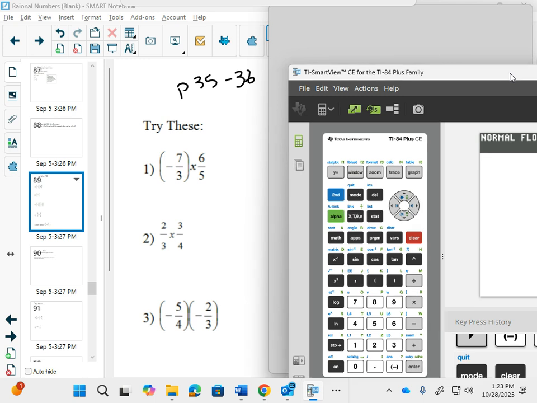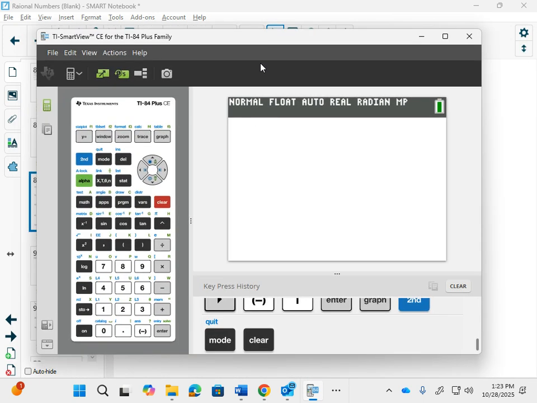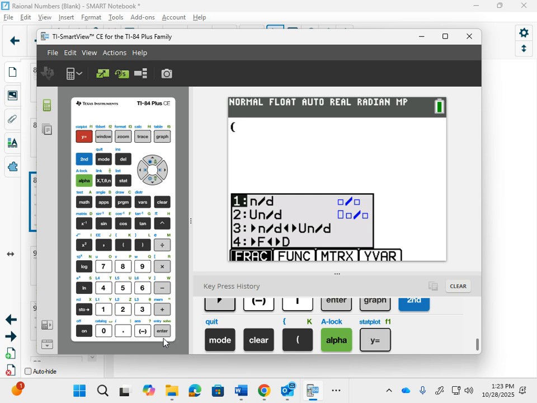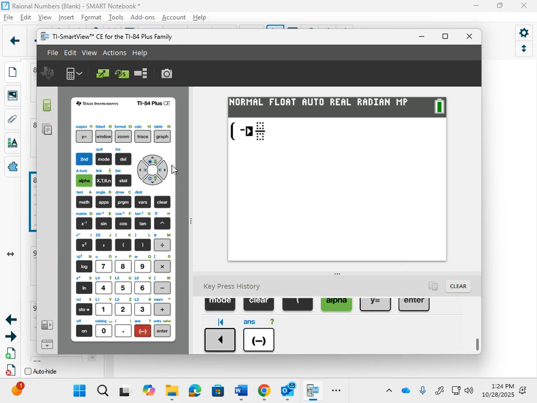and we've got -7/3. It's in brackets. So your calculator, like I can put a bracket, I can put a fraction. Negative, I'm writing it, -7/3. Close that bracket.